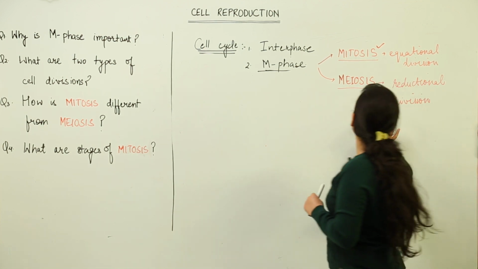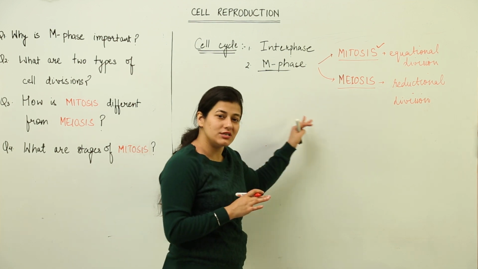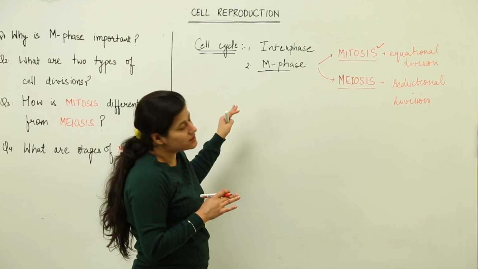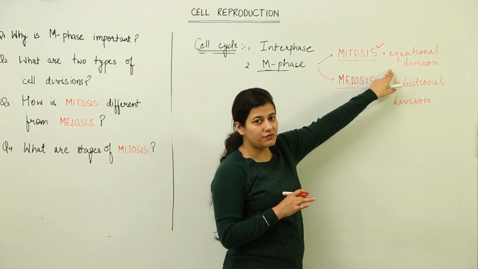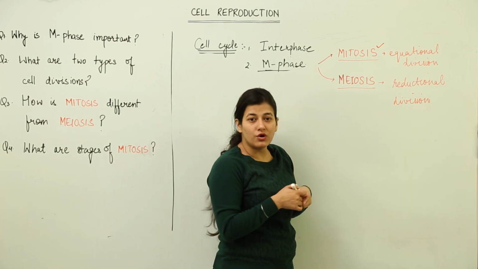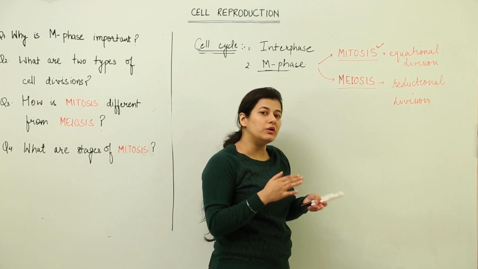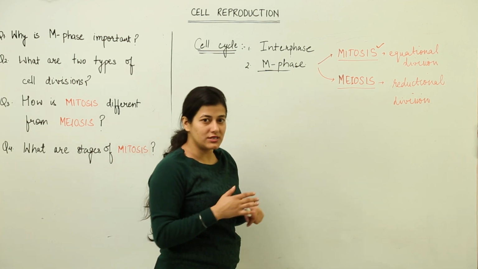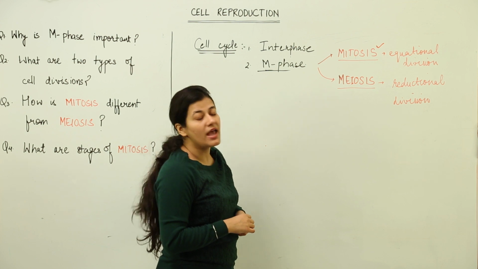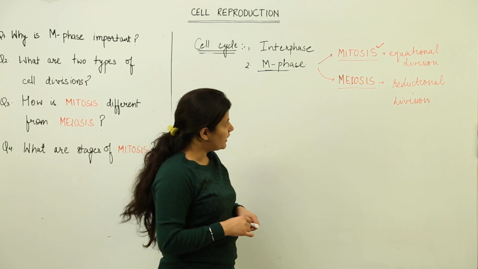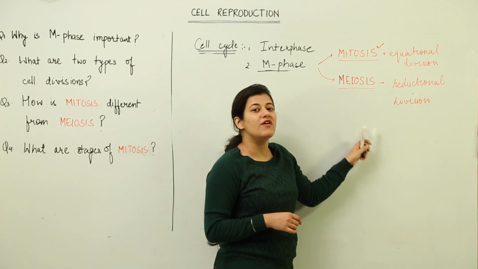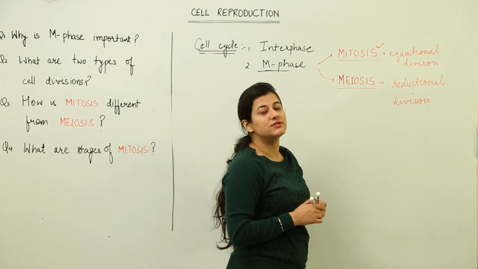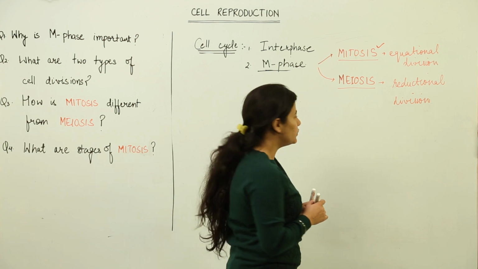So what thing do we talk about when we talk about cell division? It is the genetic material only, because that is the most important thing which would govern the cell. In equational division, you are going to get daughter cells which would have equal DNA content, similar to that found in the parent cell. In case of meiosis, the daughter cells would have half the genetic content as was present in the parent nucleus.